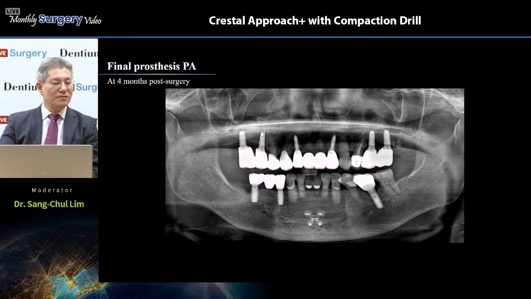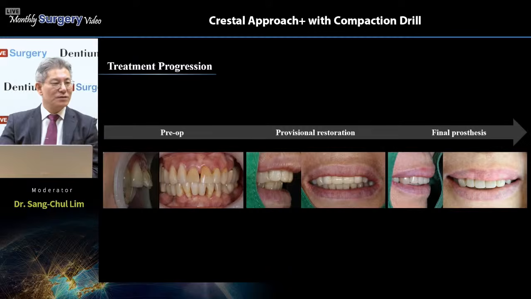Okay, the final prosthesis panoramic view is here. Two Bright TL implants were inserted in the lateral incisor area, and a 4-unit zirconia bridge was inserted on these Bright TL implants. Very nice, well done, a simple procedure.